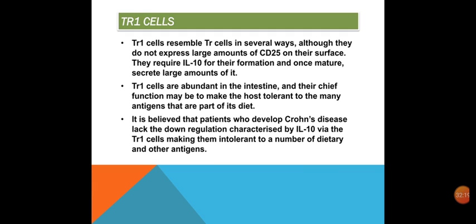TR1 cells. TR1 cells resemble TR cells in several ways. Although they do not express large amounts of CD25 on their surface, they require interleukin 10 for their formation and once mature, secrete large amounts of it.